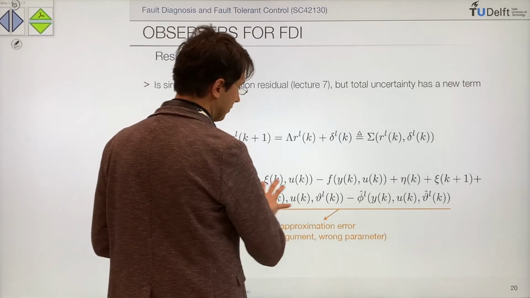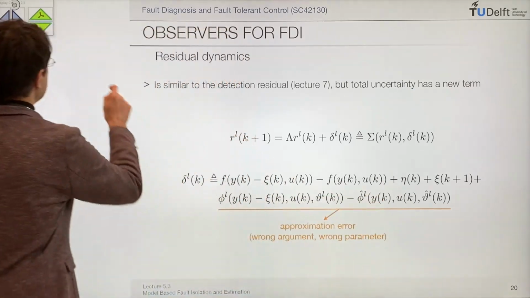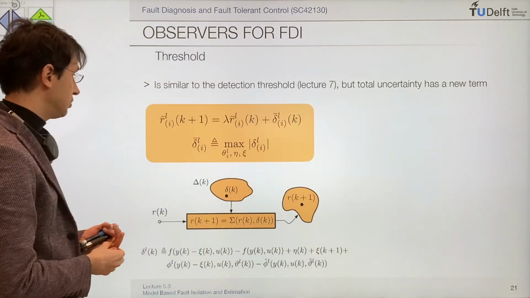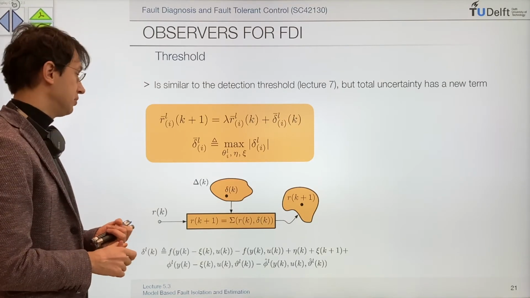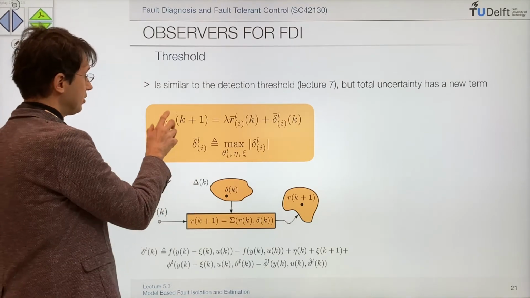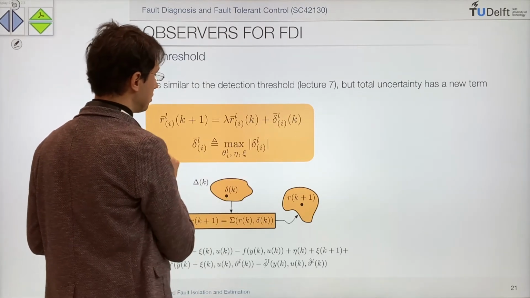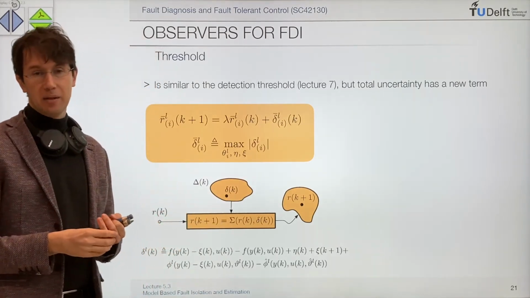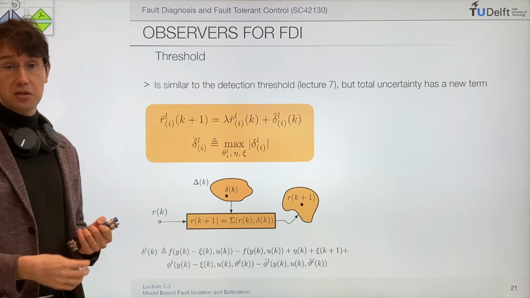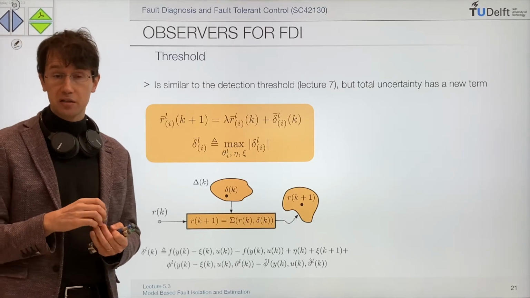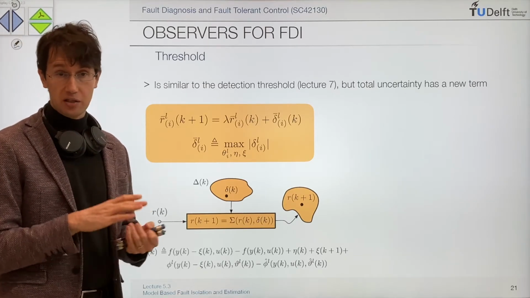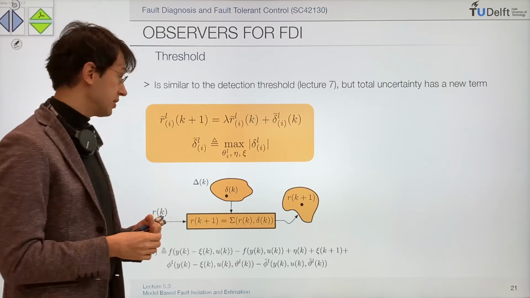So how can we bound this now? Well, we did it already previously, so it shouldn't be completely new. So we still are computing a threshold as the solution of a dynamical equation, because you remember you can use the comparison lemma and you can use bounds that you know on the uncertainty terms.